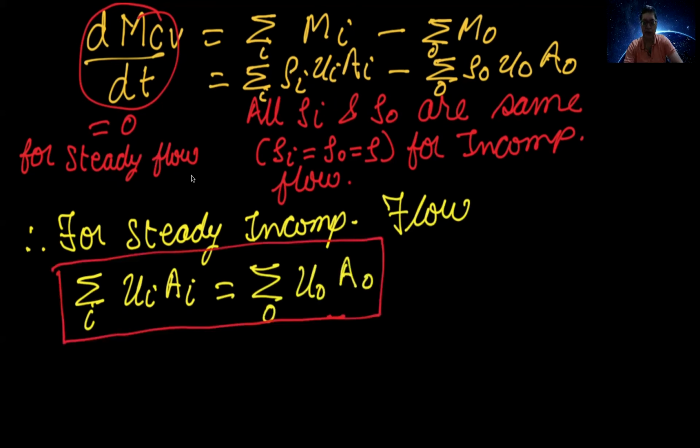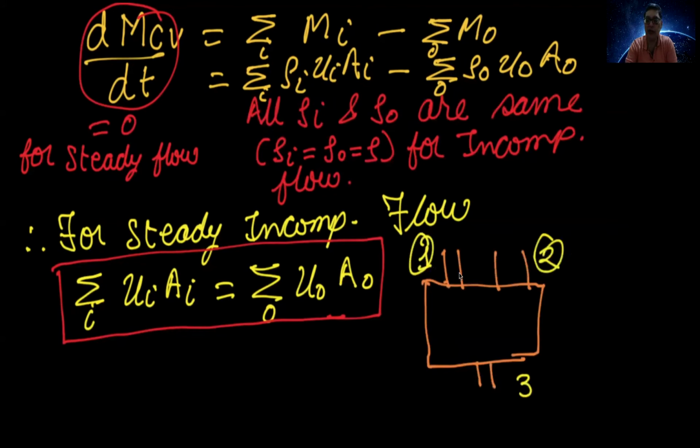So I'll take an example problem. It shows the product of the velocity and the area, the summation of that corresponding to the inlets and outlets. Let us suppose you have two inlets and one outlet, and the velocities corresponding to those are as shown here. So u1 is the velocity at this inlet.